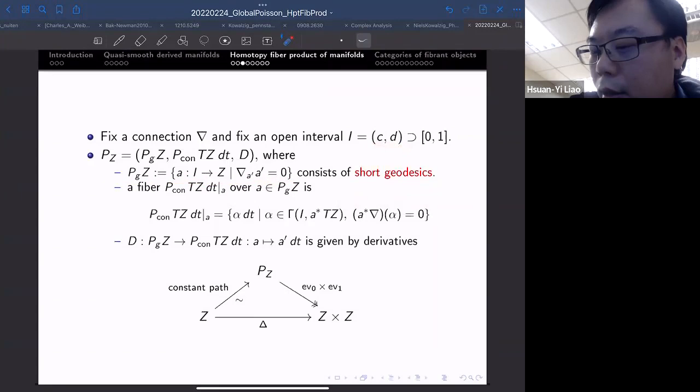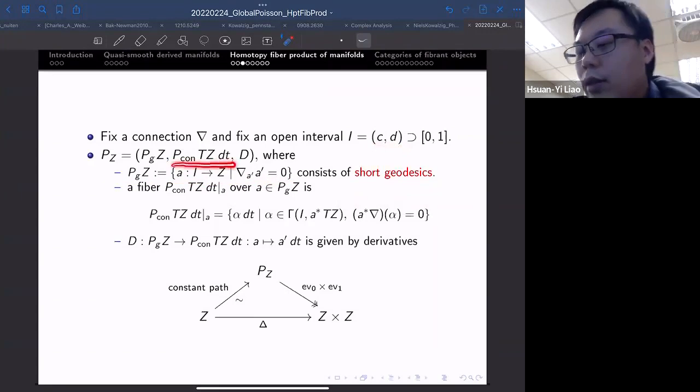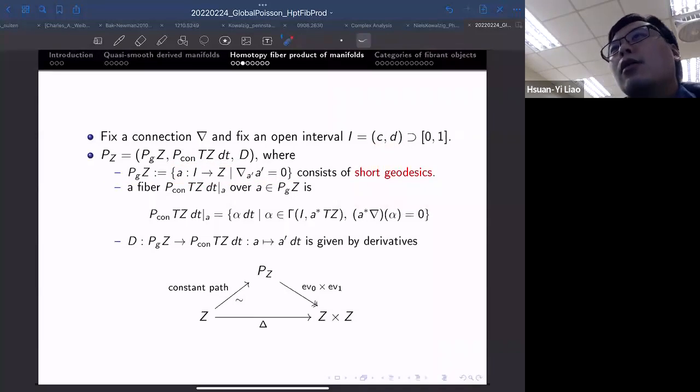And the total space: a fiber over a geodesic.